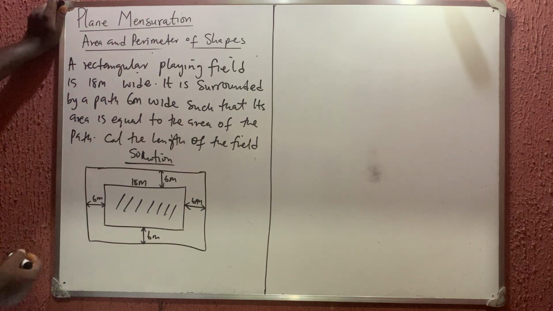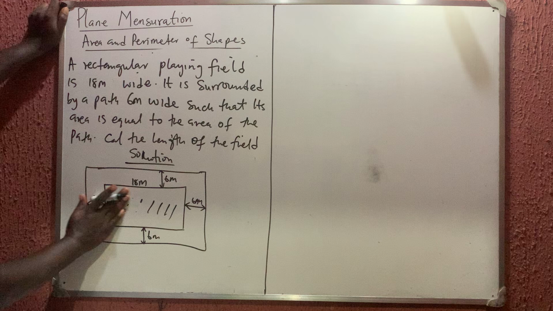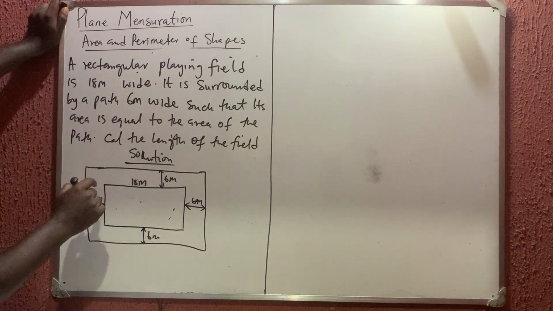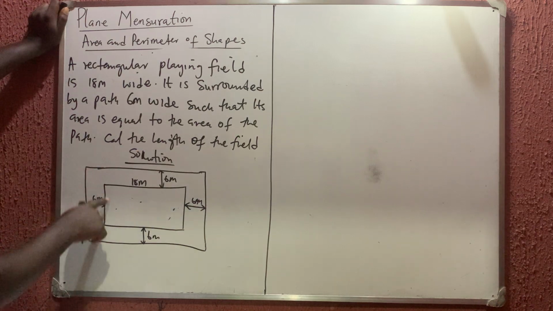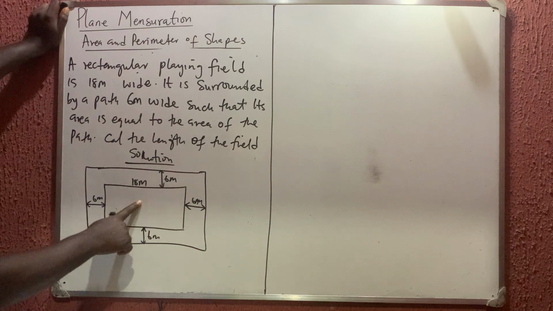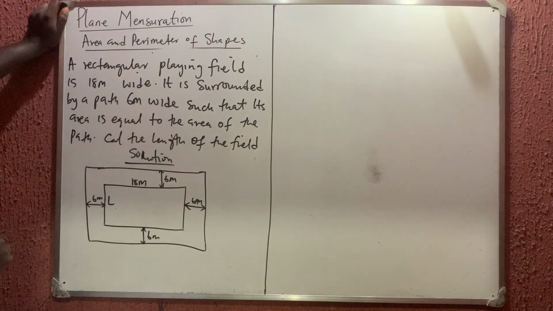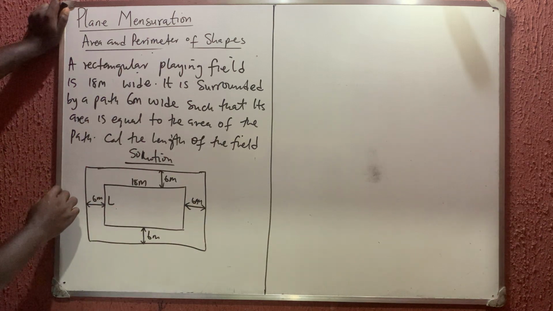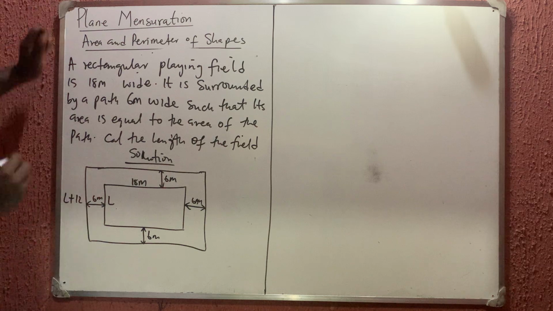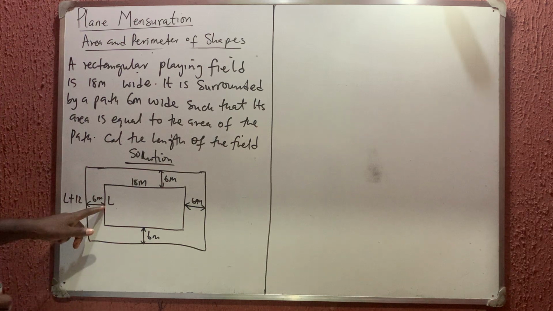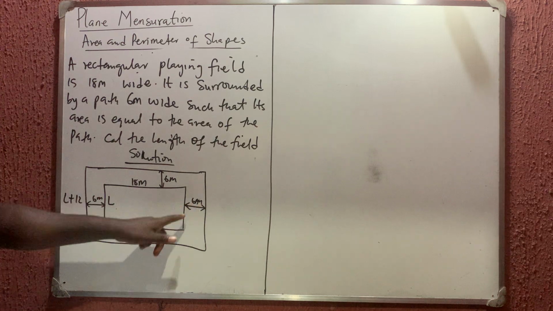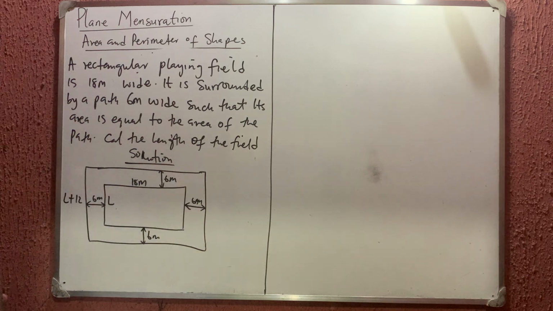So we need to get the length of this field. Let's call the length L. If here is L, for us to get this bigger rectangle, we say L plus 12: this little gap plus this one added to this line gives the longer one.